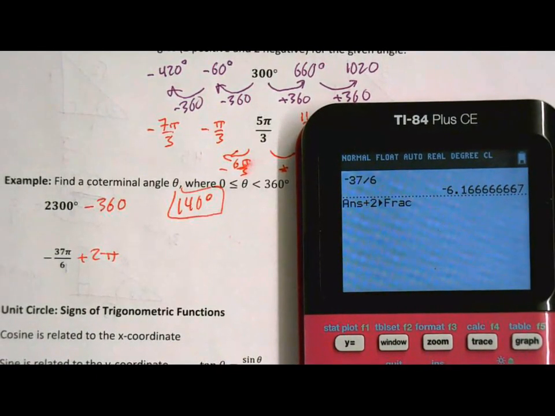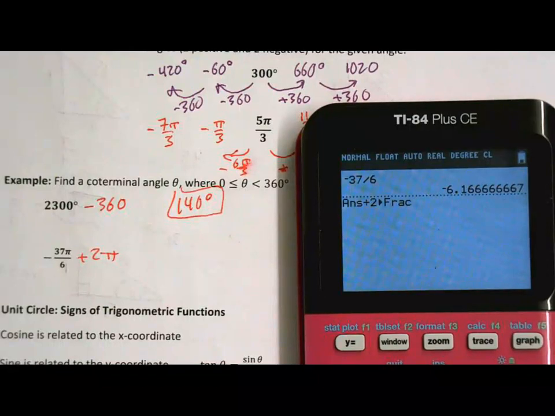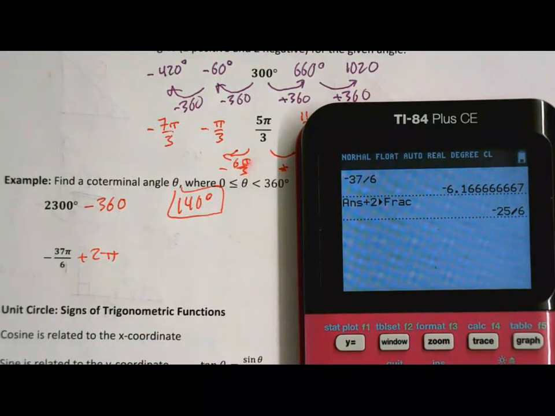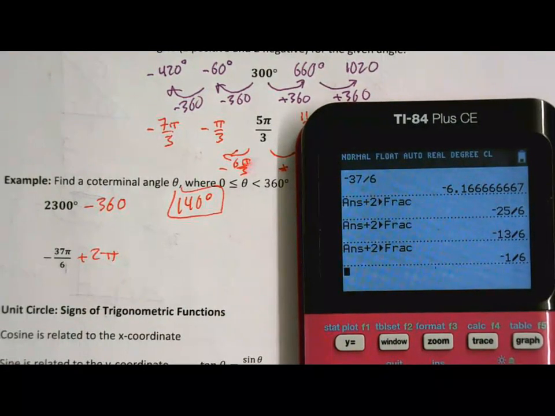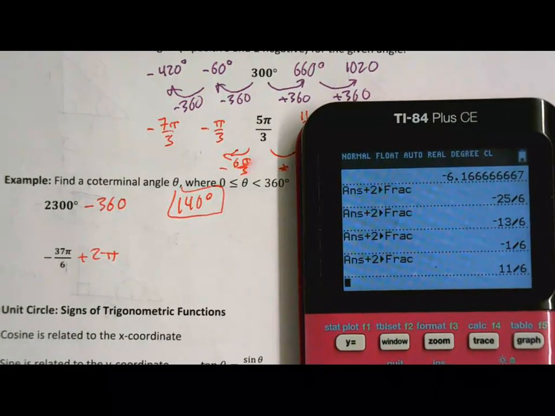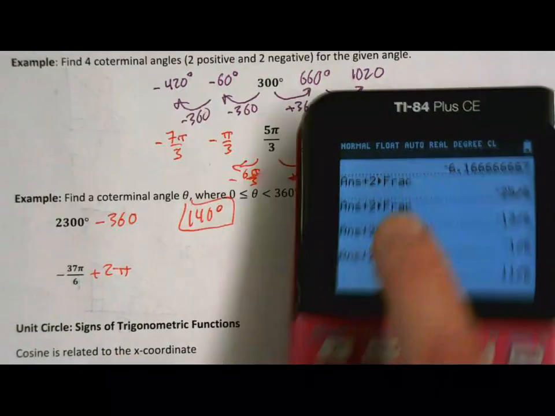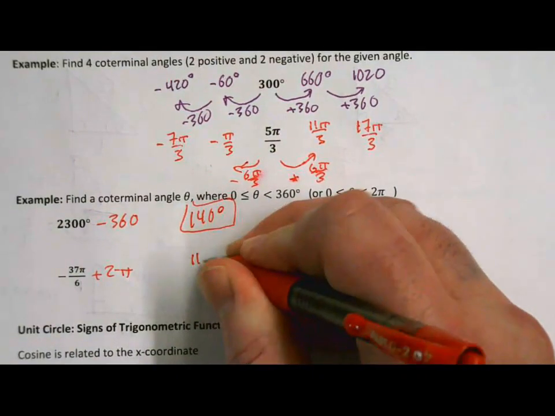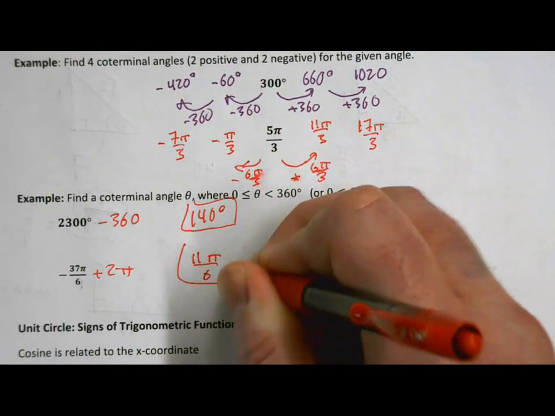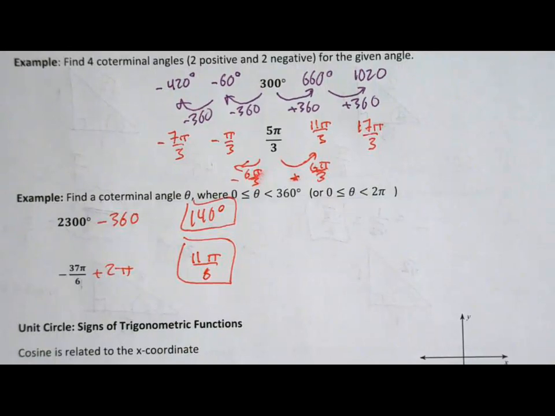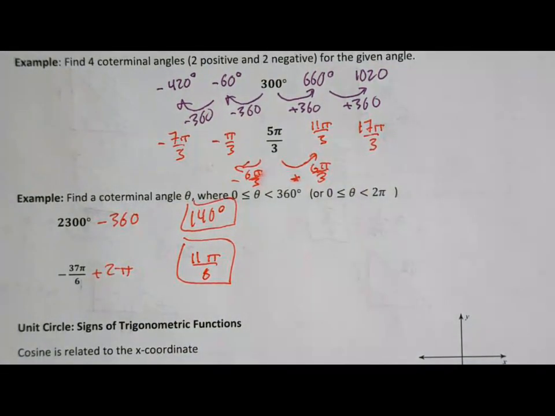So I'm basically adding 2 instead of 2 pi. I'm leaving the pi's off. All right, negative 25 pi over 6, that's still too big. I want it positive. Nope. Oh, getting close. There we go. 11 pi over 6 gets us there. However you want to get there, there's different ways to do this.